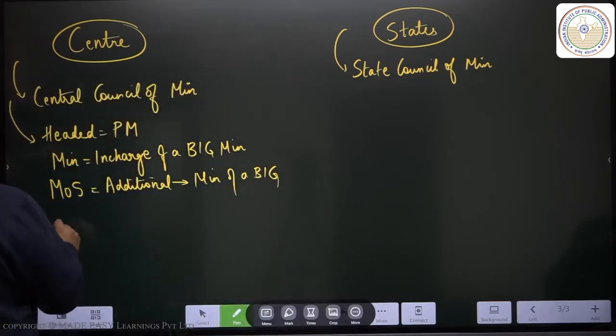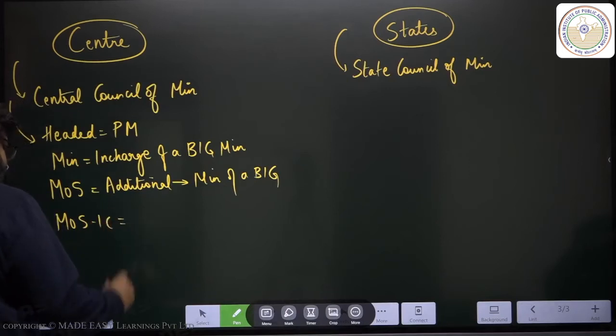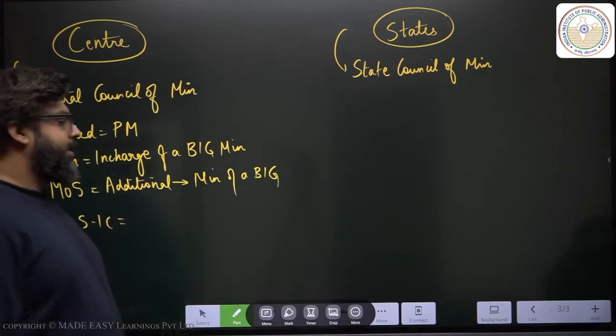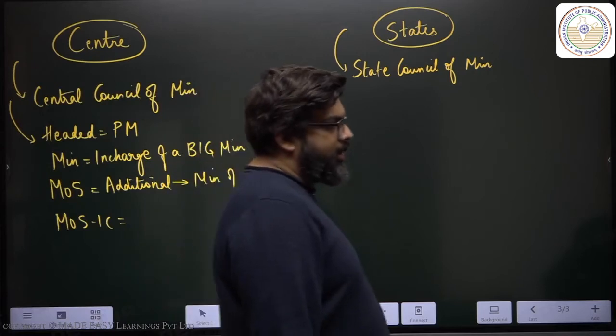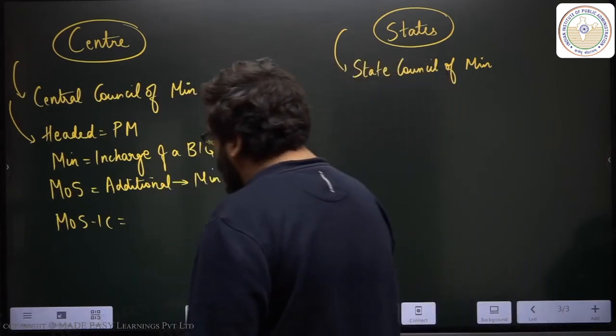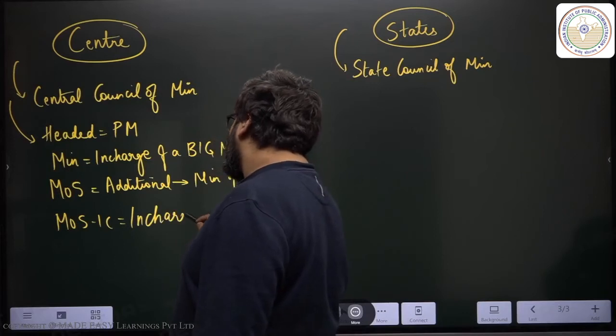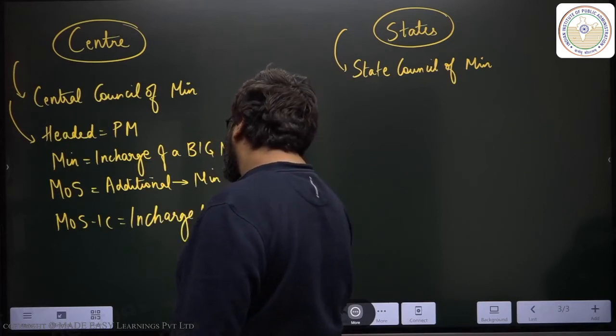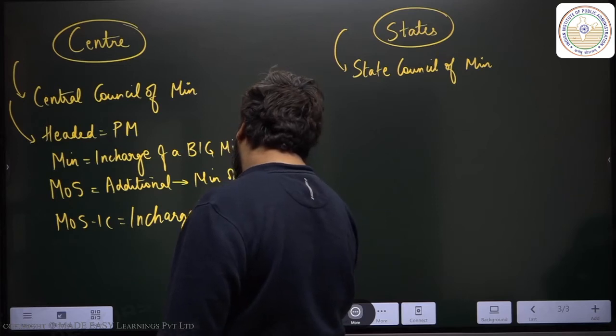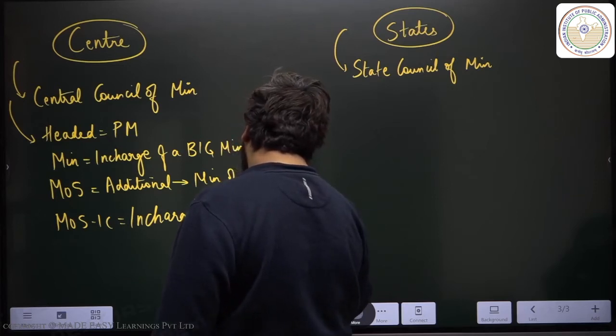Then you have MOS IC, the Minister of State Independent Charge. This means you are in charge of a relatively small ministry.